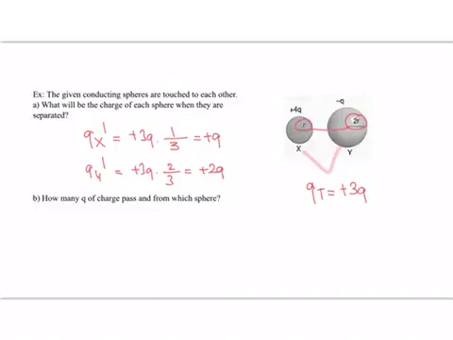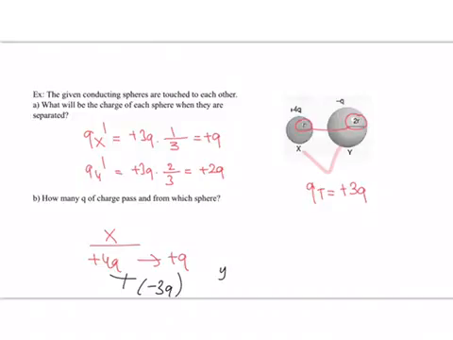In B, how many Q of charge pass and from which sphere? X, the initial plus 4Q, becomes plus Q, so that means that it has taken minus 3Q of charge. Taken from whom?